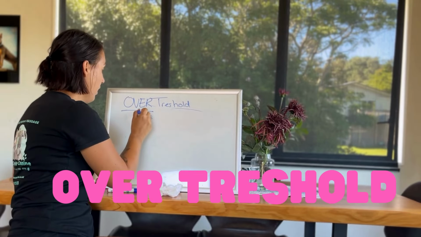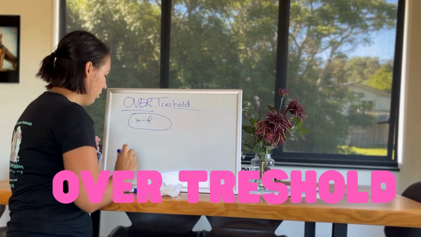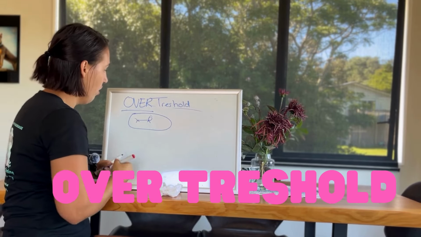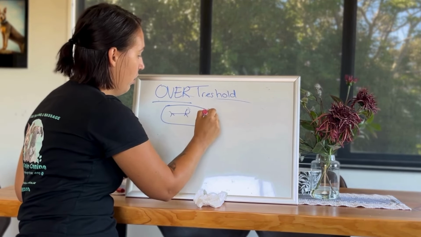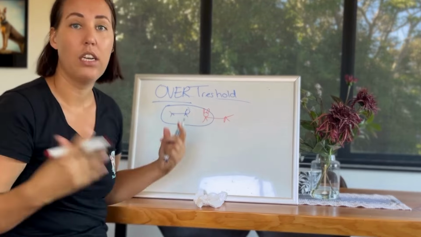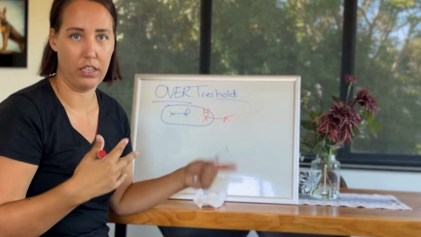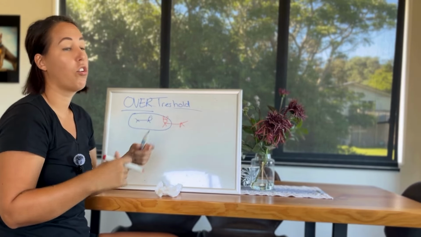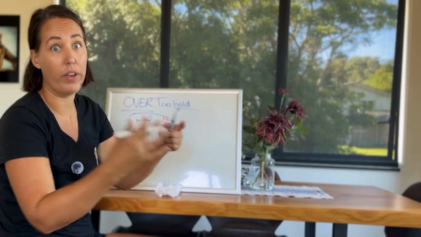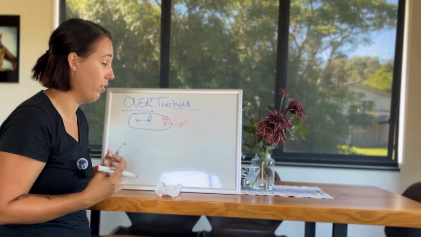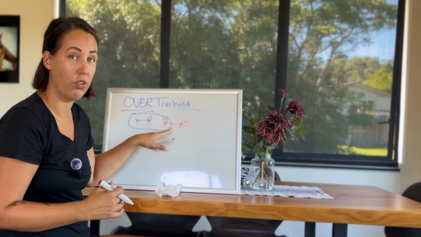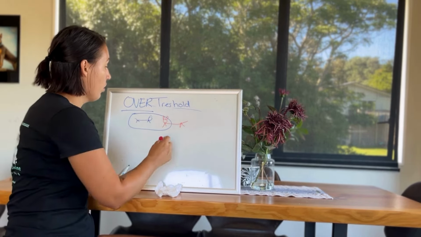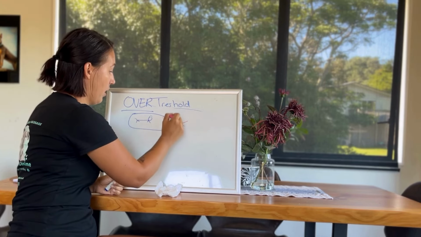So this is your dog's threshold, and another dog came into that threshold, which means your dog will blow up. They'll start barking, lunging, crying, whining, going for the attack if you have a very, very reactive dog. That's what over threshold means, and we want to work under threshold, which is here.